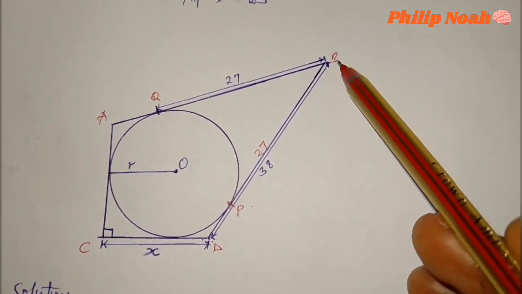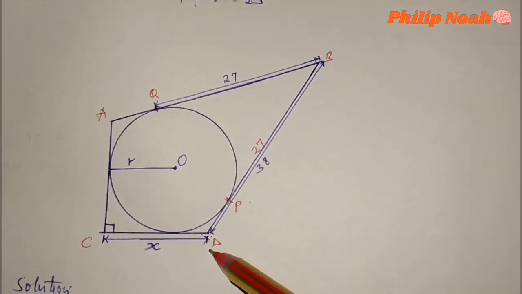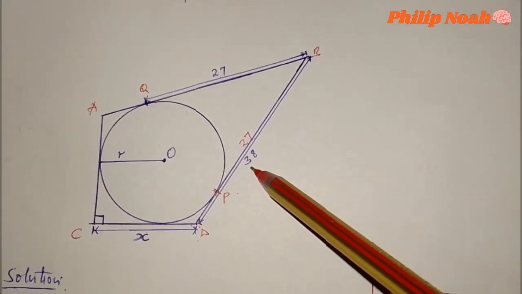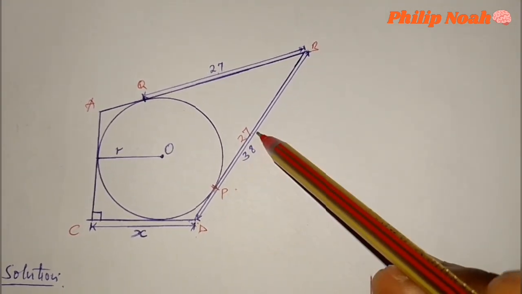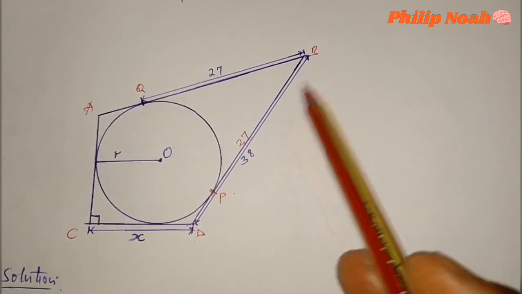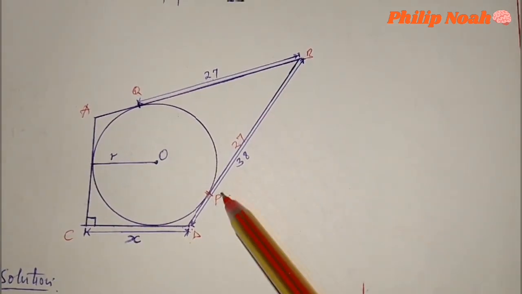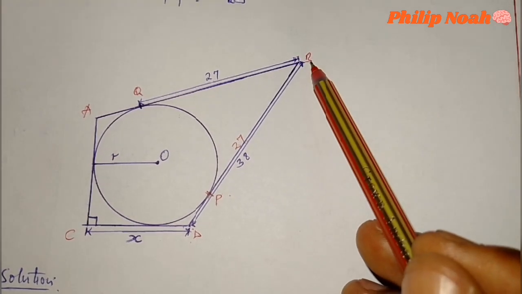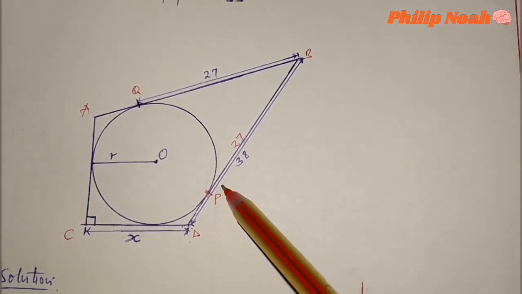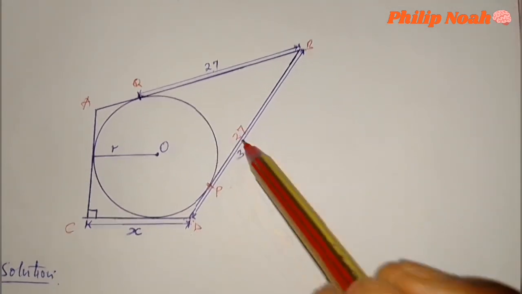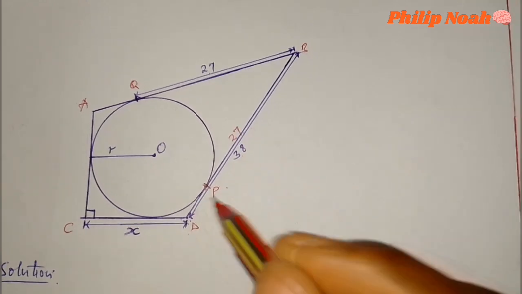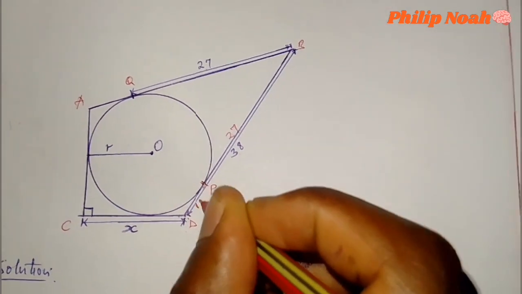Now, if BD is 38 and BP is 27, it means that DP, or PD, is DB minus PB. That is 38 minus 27, we get 11 here.